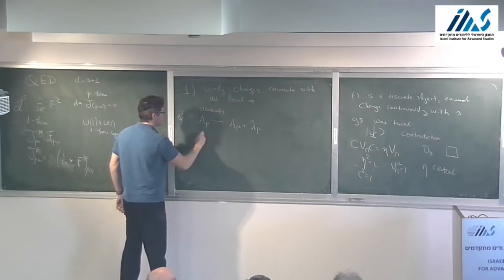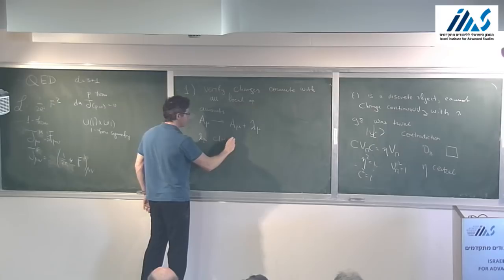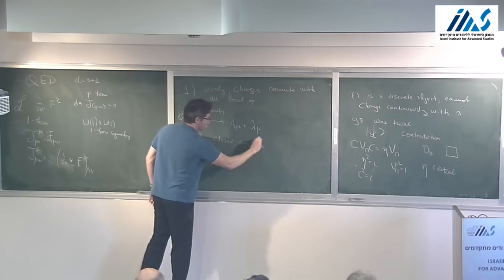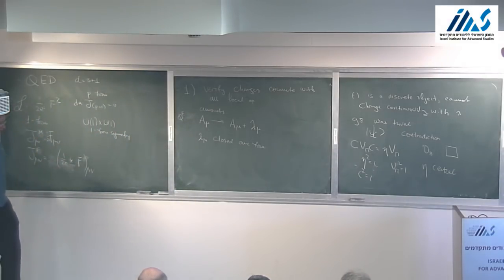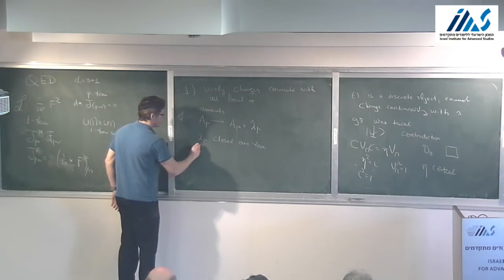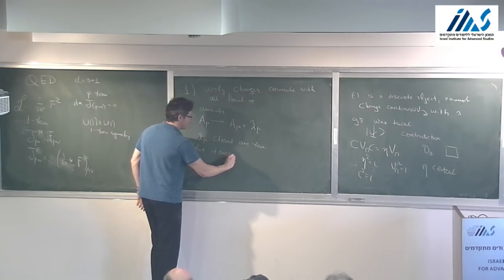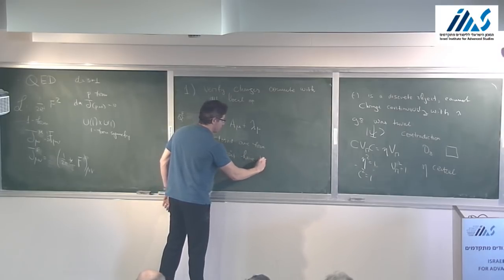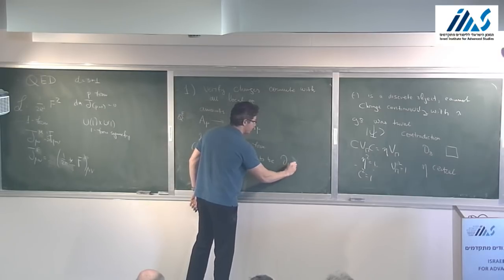Lambda mu is a closed one form, but it doesn't have to be d mu of some omega.